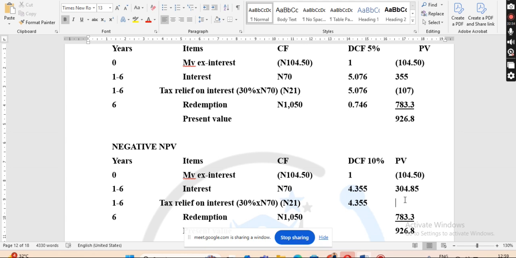The 304 is above the market value. We need to get negative. The 304 is above this, but we want to get negative. Anything we want should be below 104. What should we use?